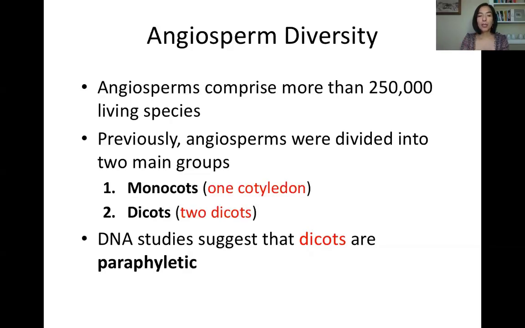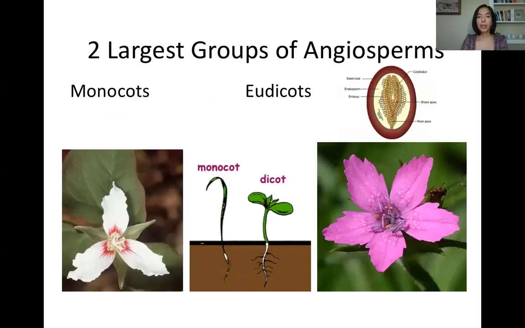The first one was the monocots, which have one cotyledon, and the plants with two cotyledons were considered a different group. However, DNA studies suggest that dicots are actually a paraphyletic group. And because of that, now we call them monocots and eudicots.